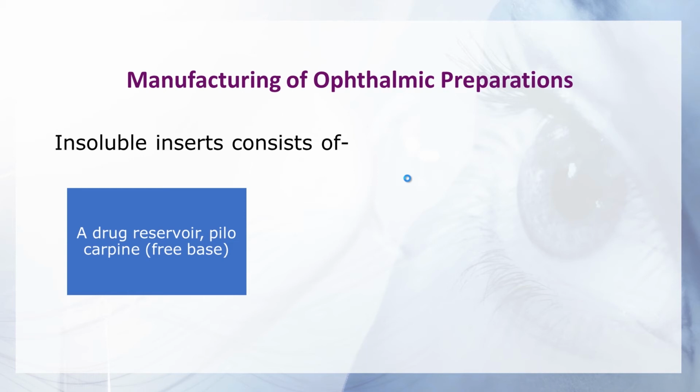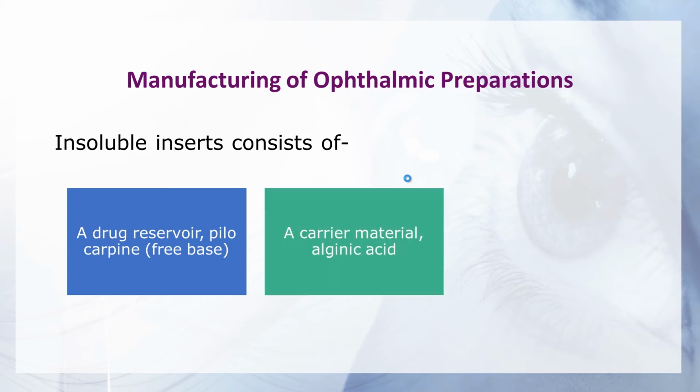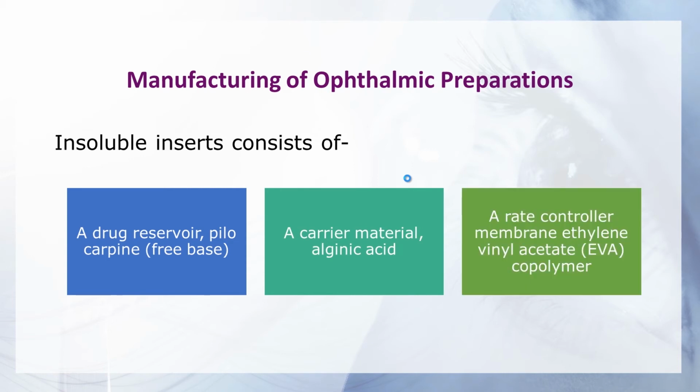It consists of a drug reservoir, pilocarpine free base, and a carrier material like alginic acid to contain the drug in that reservoir. Another constituent of that formulation is a rate controlling membrane prepared from ethylene vinyl acetate, EVA, copolymer. This membrane is used to control the diffusion rate which we were talking about for the ocular insert. This is of the insoluble type.